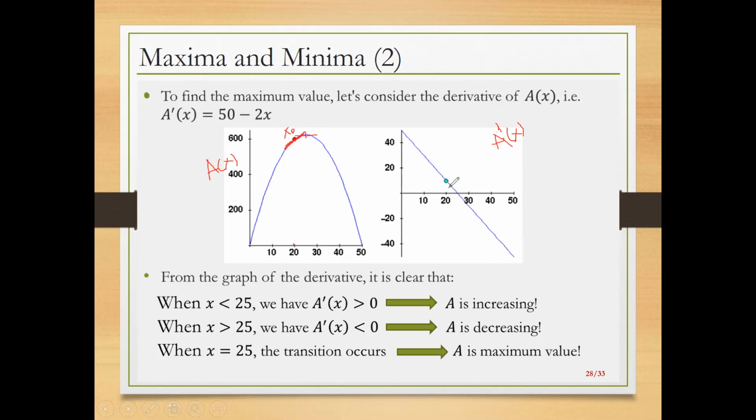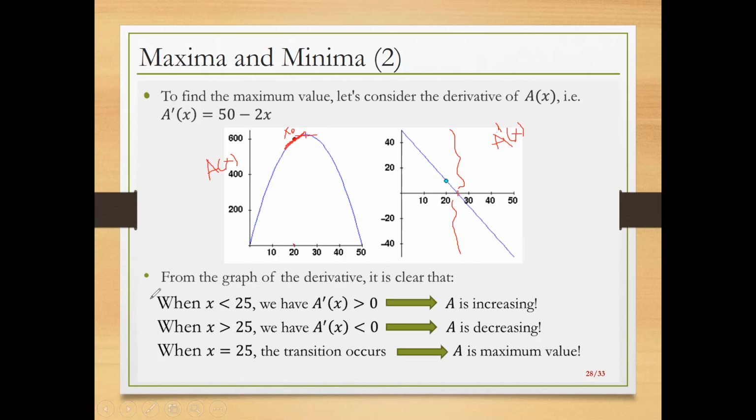So if we take the derivative, we see that the slope is positive. Then at x equal to 25, the slope becomes 0. And after that, we see that the slope is negative. So every point after 25 will have a negative slope. Is that clear?